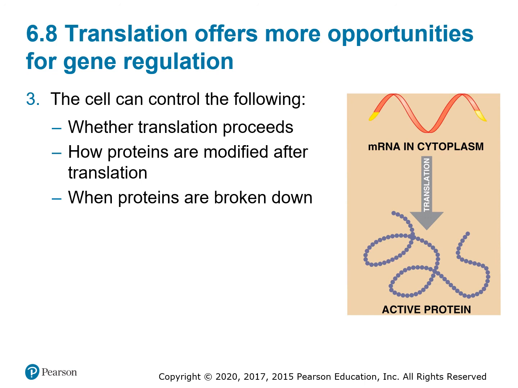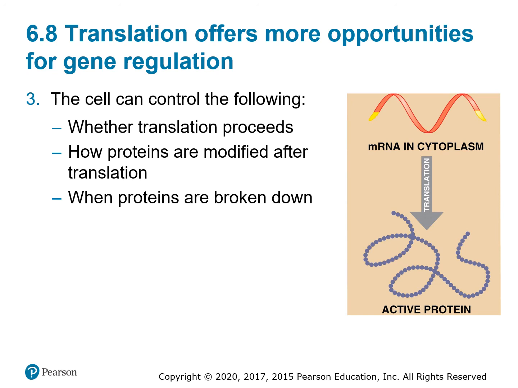So thinking about gene regulation, gene expression, okay, we just talked about ways that transcription and what occurs after transcription when the RNA is modified to make mRNA, those are ways that genes can be regulated. But translation offers even more opportunities for gene regulation. The cell can control whether translation proceeds or not. It can control how proteins are modified after translation.